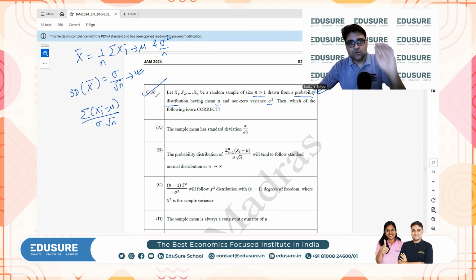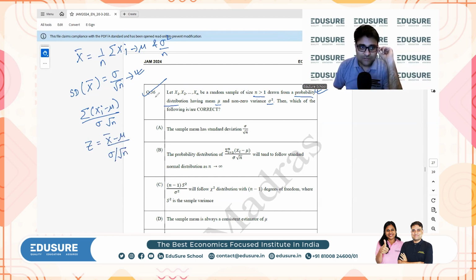Now, by the central limit theorem or the CLT, the distribution of the standardized sample mean, z equal to x bar minus mu by sigma by root n, tends to follow a normal distribution with mean 0 and variance 1 as n goes to infinity. This expression given in the question is just a rearrangement of this form.